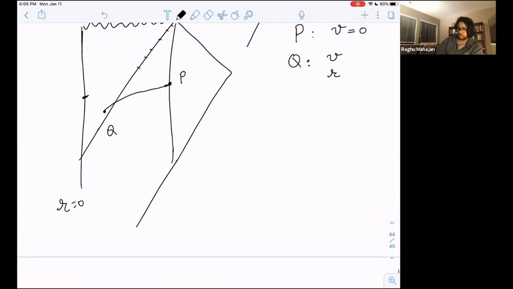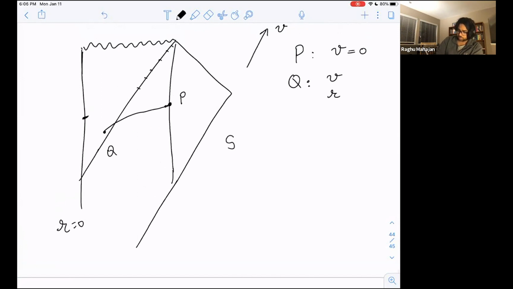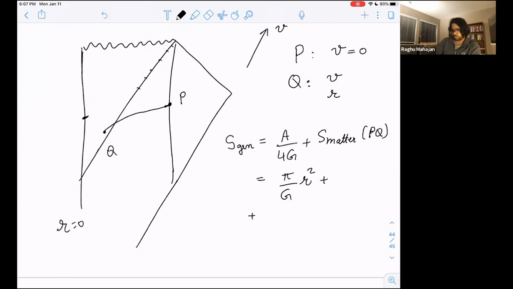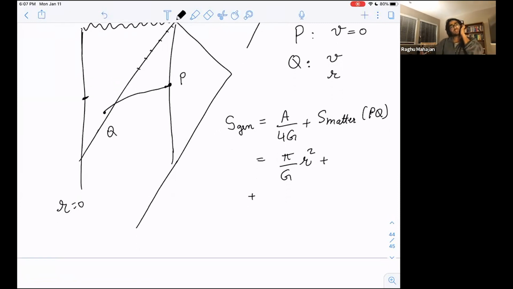Okay, so here's S gen. I'm going to write a formula and then explain it. There's an area over 4G, plus S matter of PQ. Area is 4 pi r squared in 2D, so this is pi over G times r squared. Plus, imagine that the S-wave modes form a 2-dimensional CFT of central charge C. C just measures how many degrees of freedom are causing the black hole to evaporate.